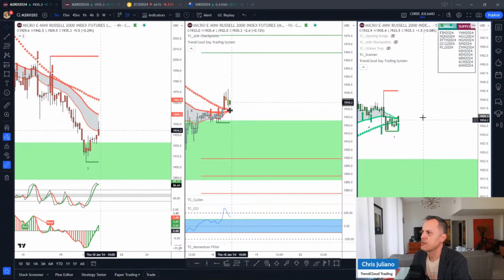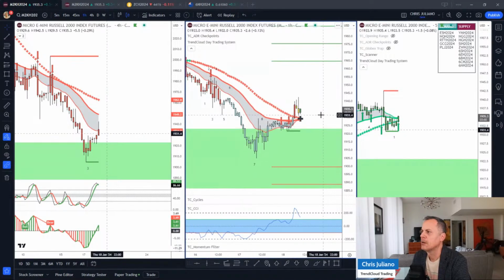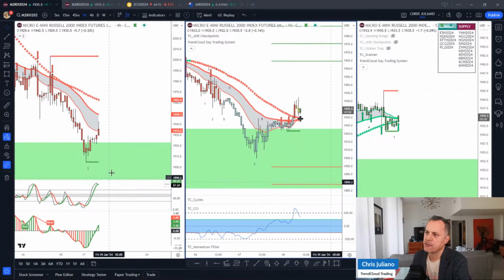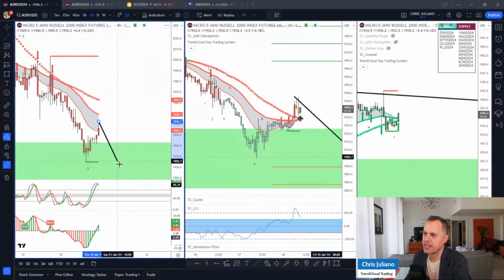So the question is, is there enough evidence to take this signal right here to the upside? Okay, and might be a little early, right? Because the 4 hour chart, even though momentum has switched to the upside, is hitting the trend cloud. And this is the point on the 4 hour chart where we start to head back down.